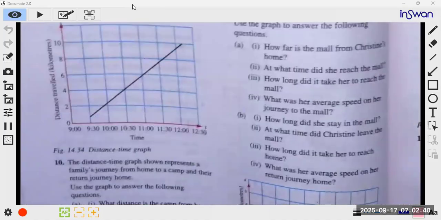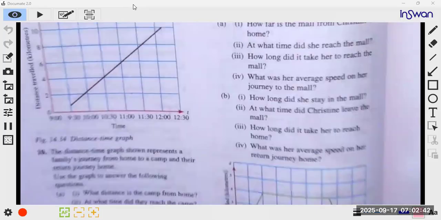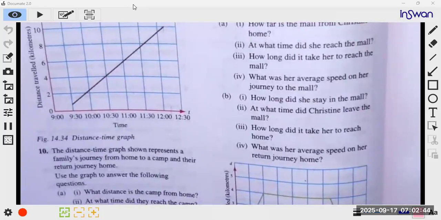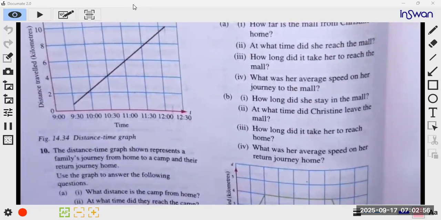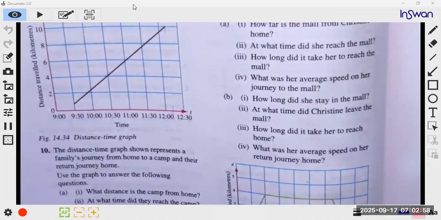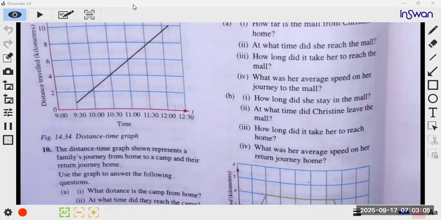So in the first hour, what distance did she walk? 4 kilometers, miss. From half 9 to half 10? It won't be 4. It will be 3, miss. Exactly, because it didn't start at totally at 1. So it will be 3 kilometers.